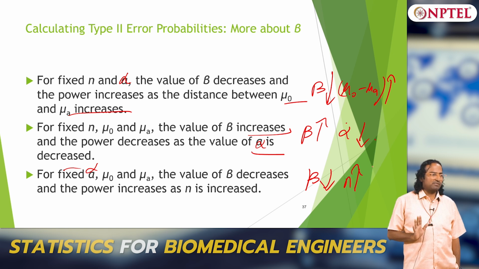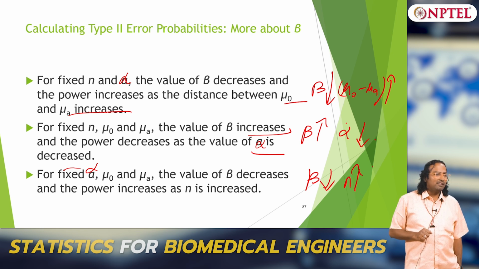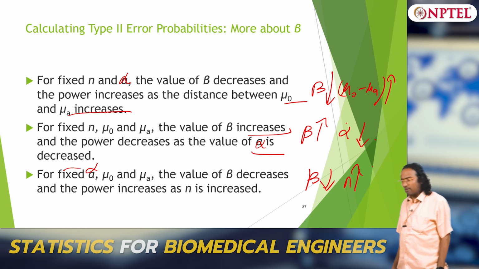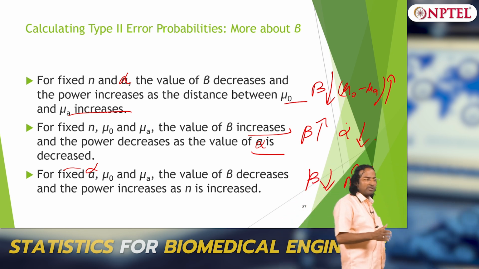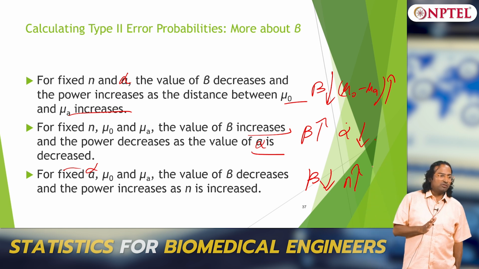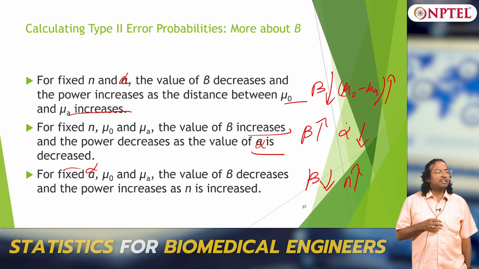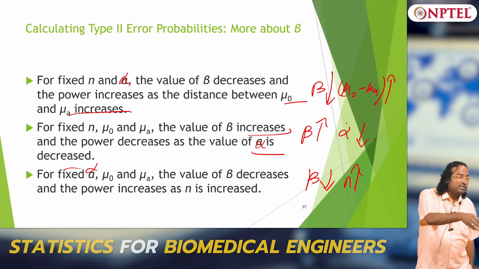Confidence limit says how confident I am about rejecting the null. So the power of a test says what percentage of the time I will reject the null hypothesis if it is false, and alpha, or the confidence limit, says how confident I can be about this rejection.